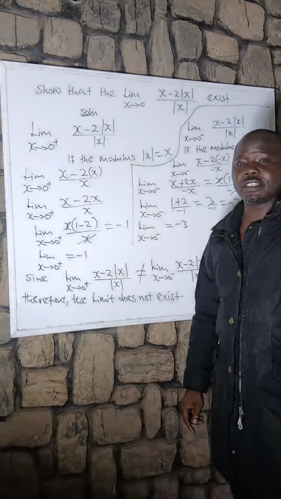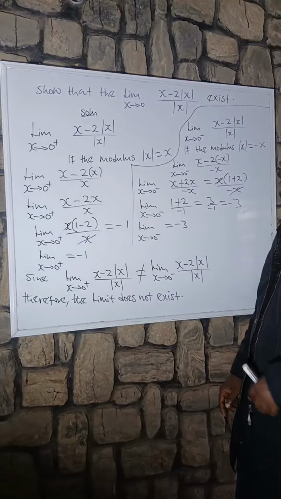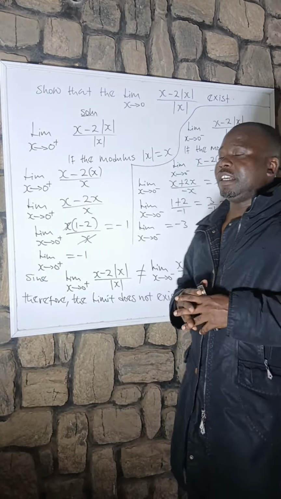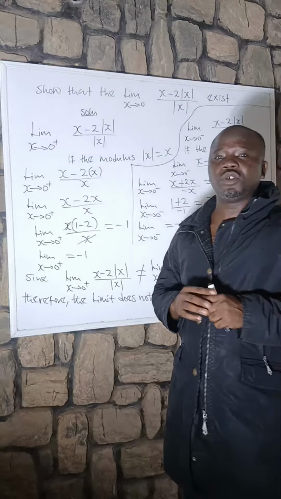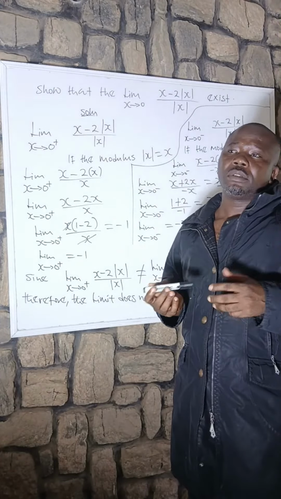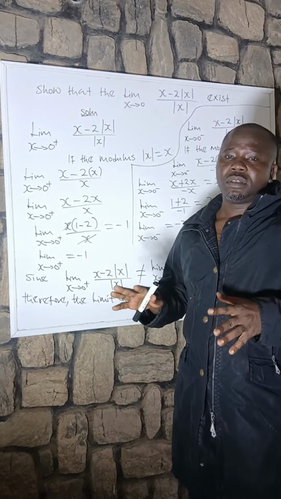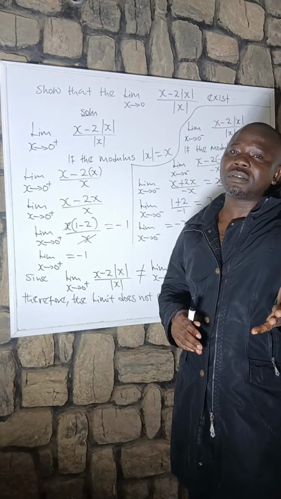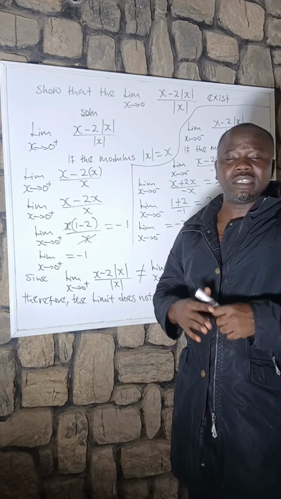Should in case you come across it somewhere like this, whenever you are asked to show that the limit exists, the first thing you should consider is the one-sided limits. After showing, the left hand side must equal to what? The right hand side. Otherwise, the limit does not exist.